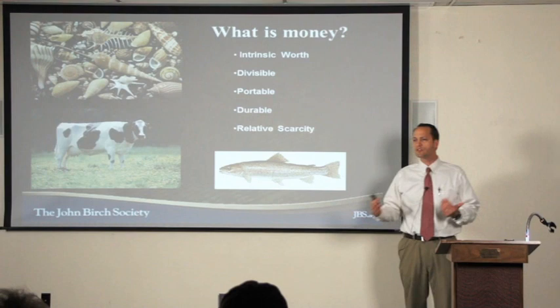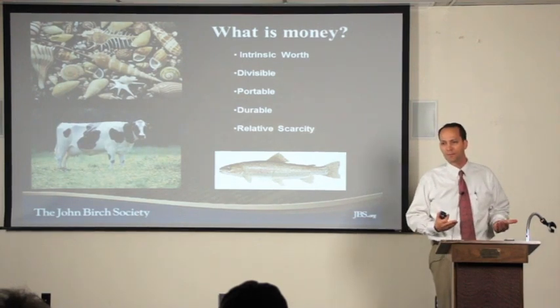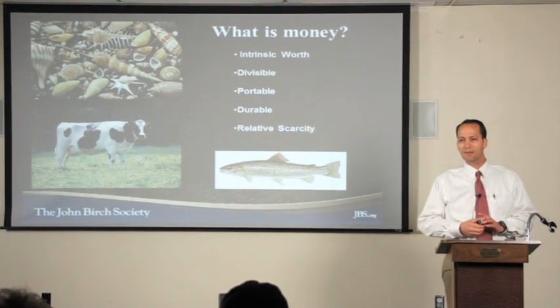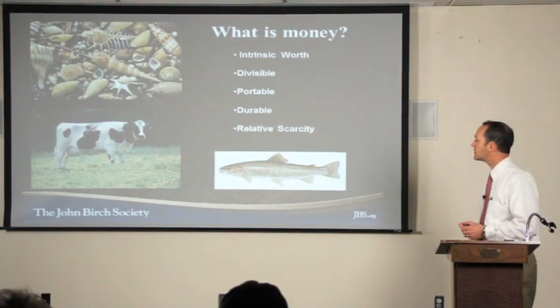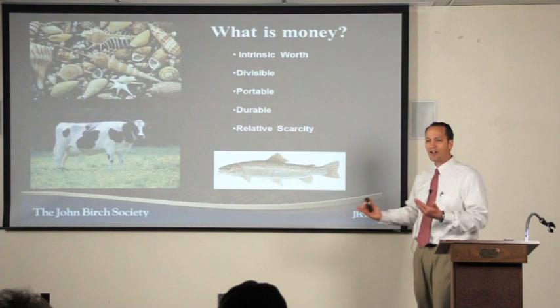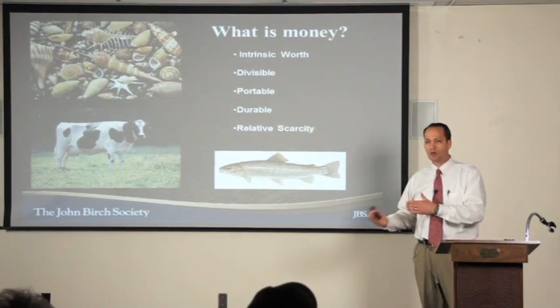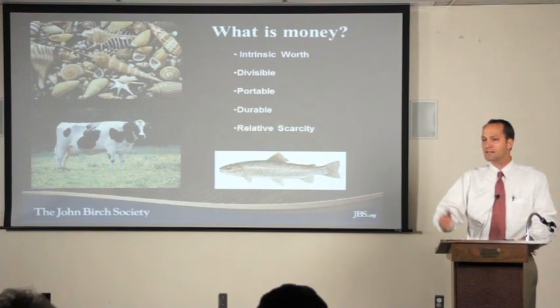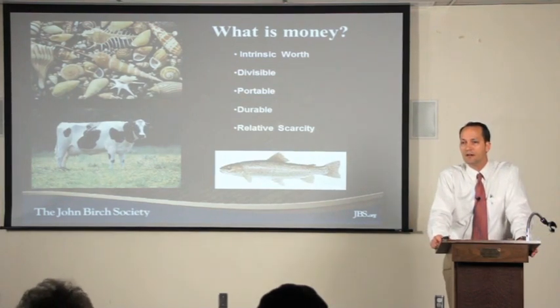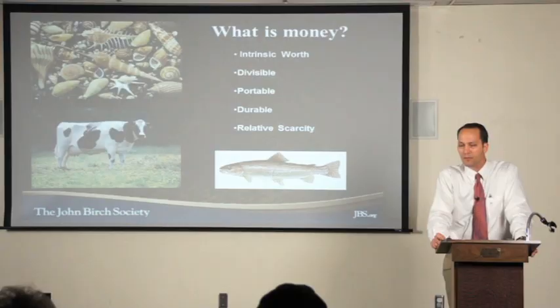How many truckloads of sand would it take to buy a home? So the relative scarcity makes it so that a very small unit can be exchanged for a large amount of goods. And just naturally, without government intervention of any kind, we've naturally arrived at the precious metals as being the best fitting of these 5 conditions, gold and silver particularly.